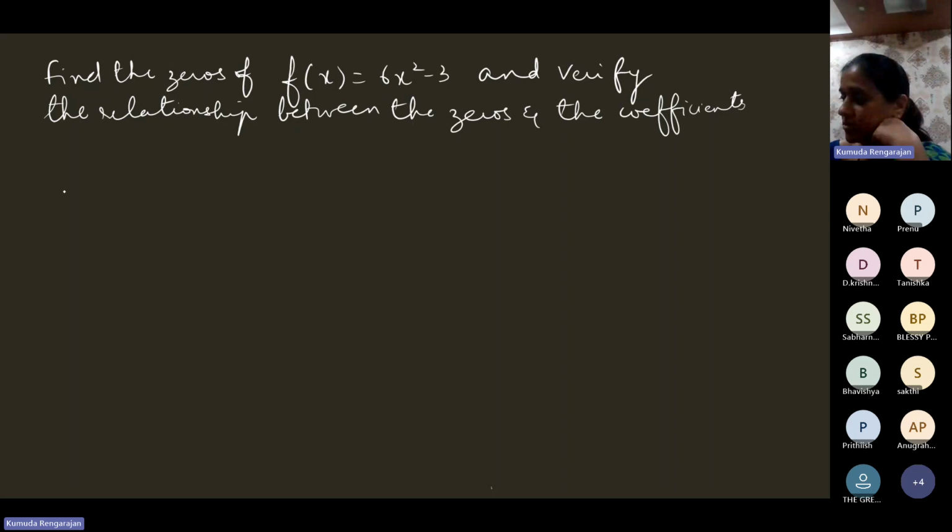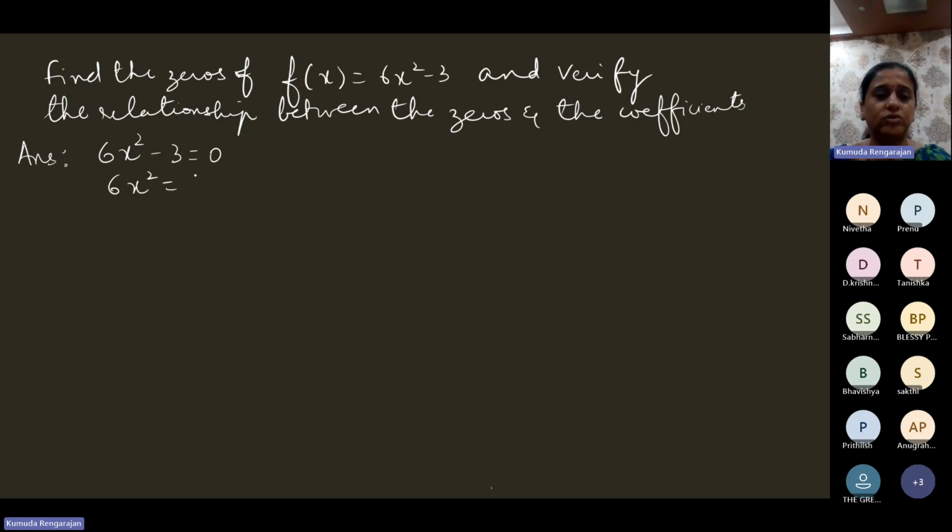See, you can work it like this. To find the zeros, you need to equate the polynomial to 0. So 6x squared minus 3 is equal to 0.